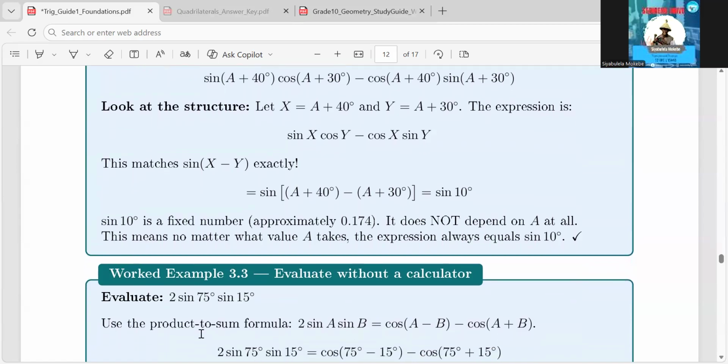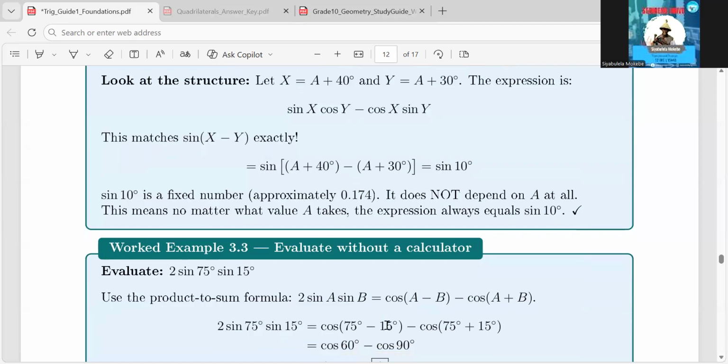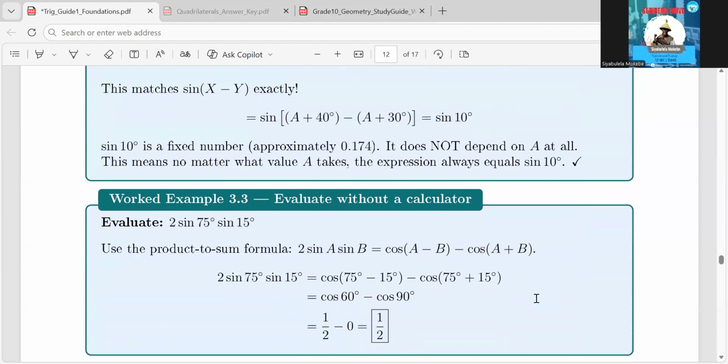You can use your product to sum formula here. 2 sine A sine B is equal to cos(A minus B) minus cos(A plus B). If you substitute those things, this gives you 1 over 2.